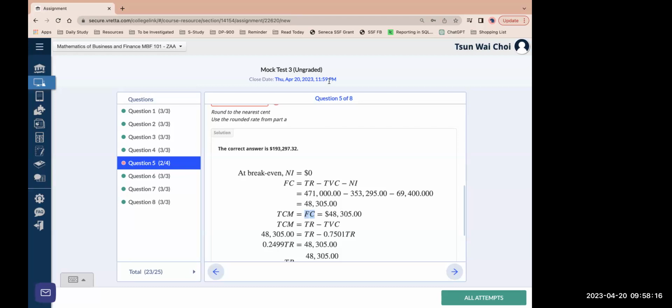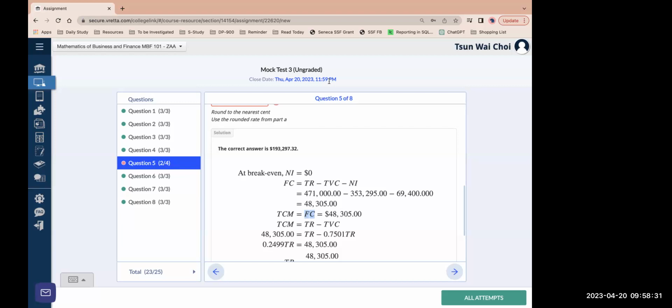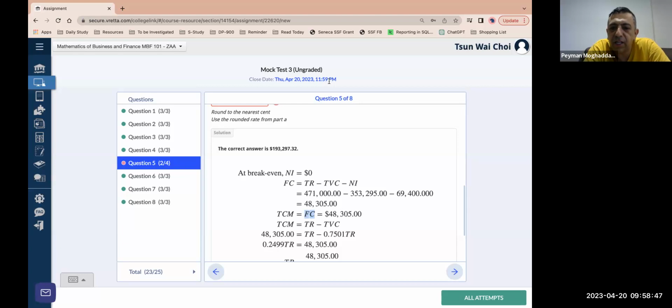What I remember is contribution margin equals variable cost plus the profit. No, contribution margin is equal to selling price minus variable cost. Okay, got it. And if it is break even, that means the total contribution margin is equal to the fixed cost, because the margin covers the fixed cost. Exactly.